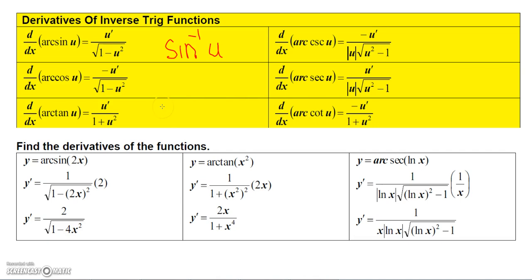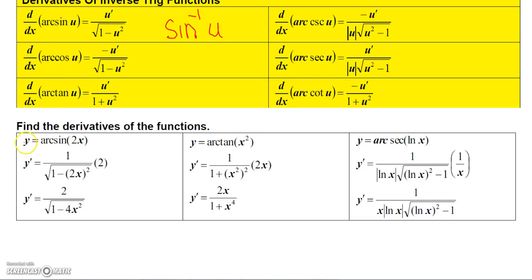Now, if you need a refresher on what these functions are and where they come from, then you can research that, because in this section, all I'm going to do is let you know how to find these derivatives. And actually, you can check my calculus videos, and there's a full lecture on inverse trig functions.